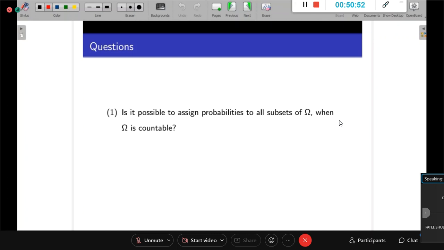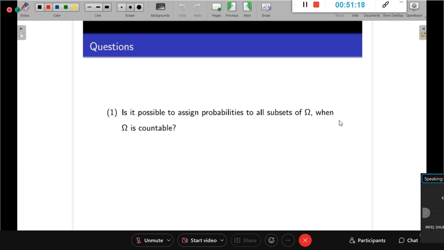Yes. I'm saying that when omega is finite, you can do so. If you say equally likely and omega is countable, you will jump onto the set of natural numbers, and you don't know what infinity is. So each event you would assign zero, because 1 by infinity is zero.